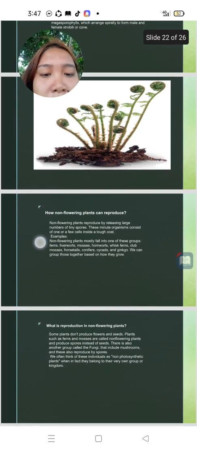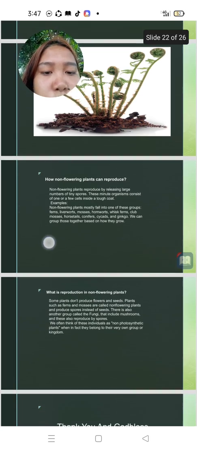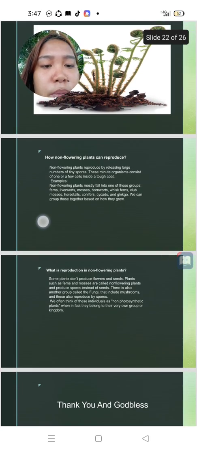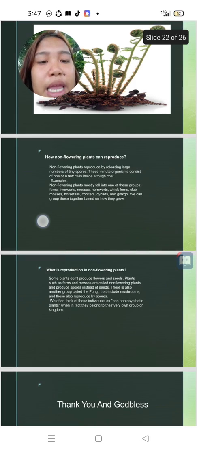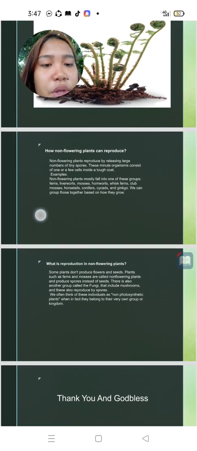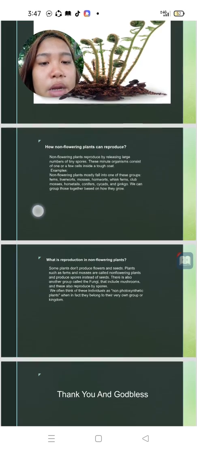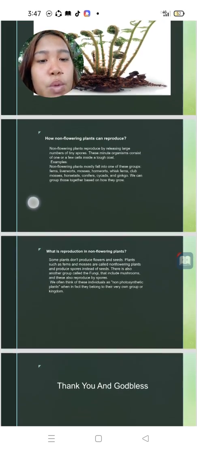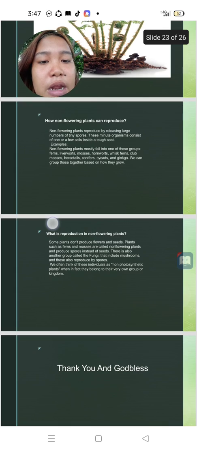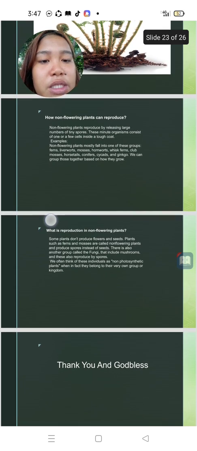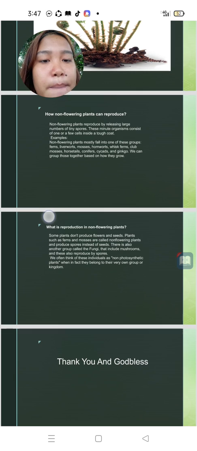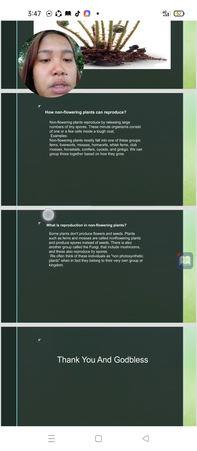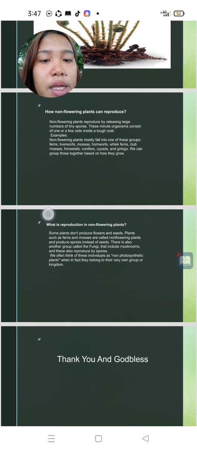So how can non-flowering plants reproduce? Non-flowering plants reproduce by releasing large numbers of tiny spores. These minute organisms consist of one or a few cells inside a tough coat. Non-flowering plants mostly fall into one of these groups: ferns, liverworts, mosses, hornworts, club mosses, horsetails, conifers, and cycads.